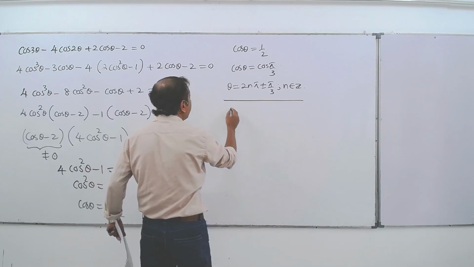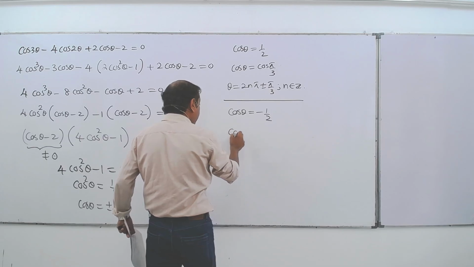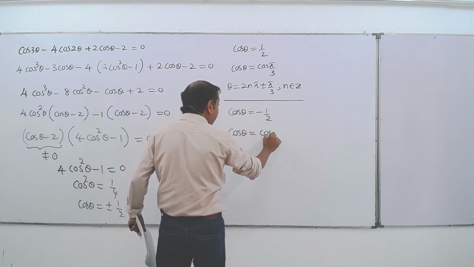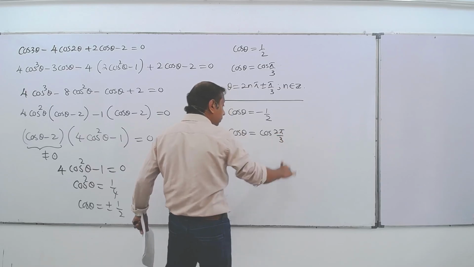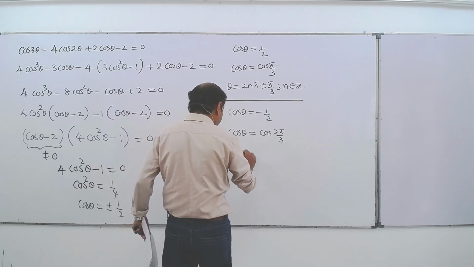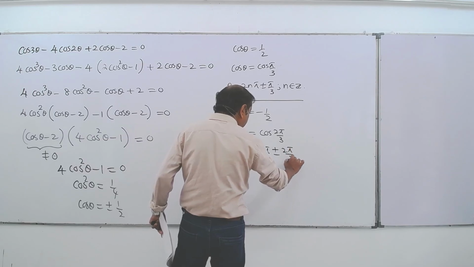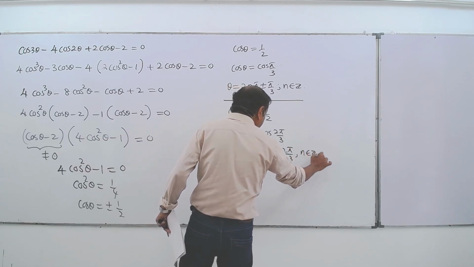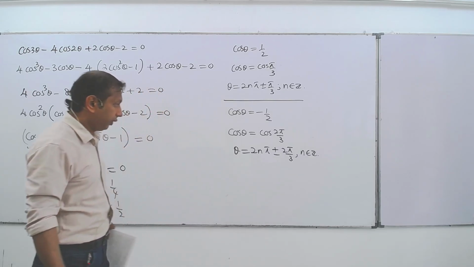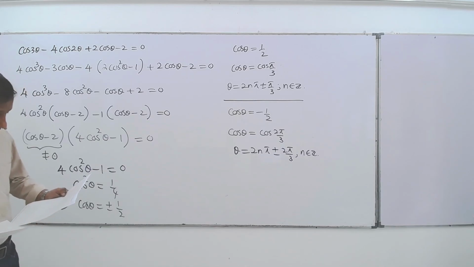Secondly, cos theta equals minus half, which is cos 120 degrees. Then theta equals 2 n pi plus or minus 2 pi by 3, n is an integer. You see, we can write it. Okay. That is the end of that question.